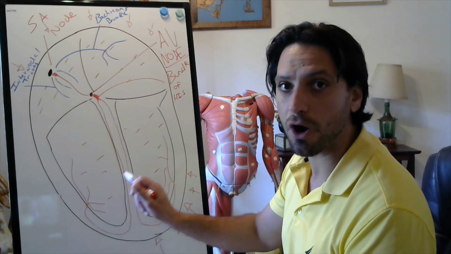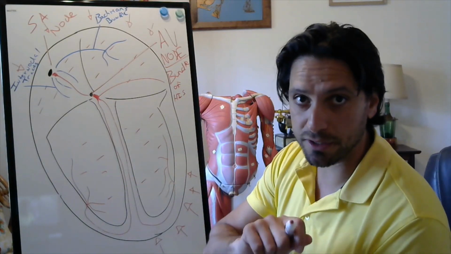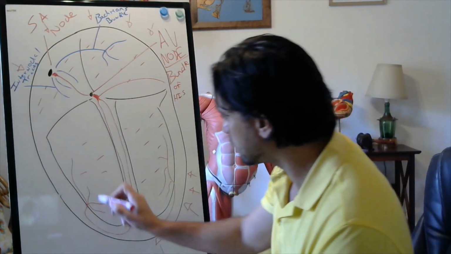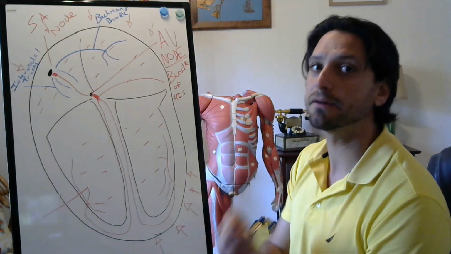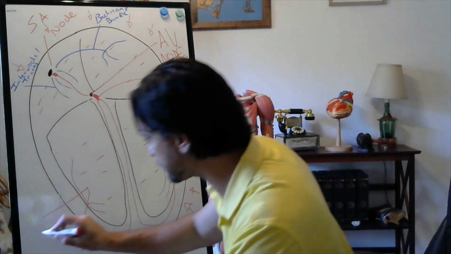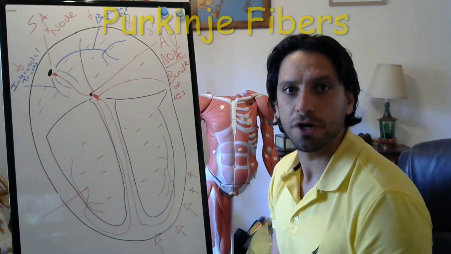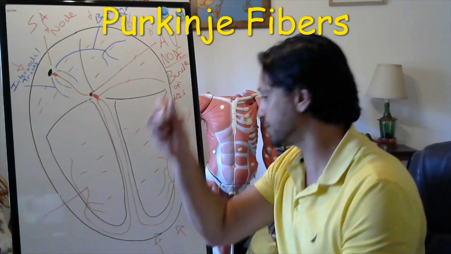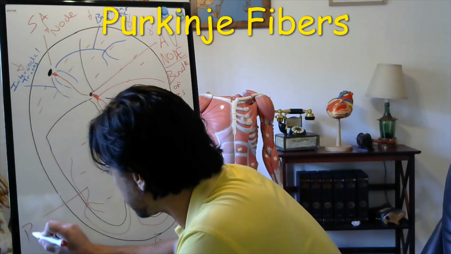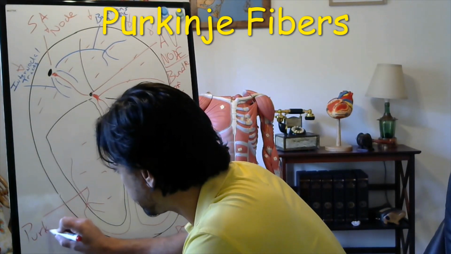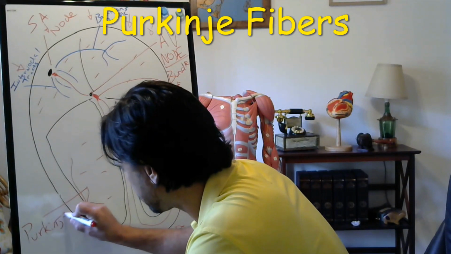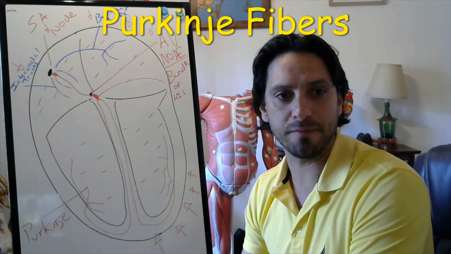These fibers are called, important here, asterisks, Purkinje fibers. Purkinje fibers. Okay, these fibers are called Purkinje fibers. All right? So, that is a P. Purkinje fibers.